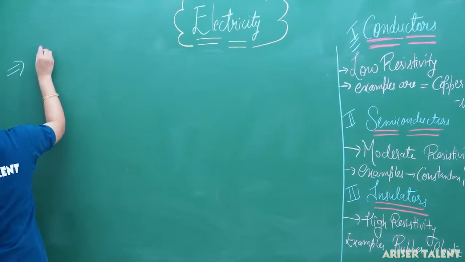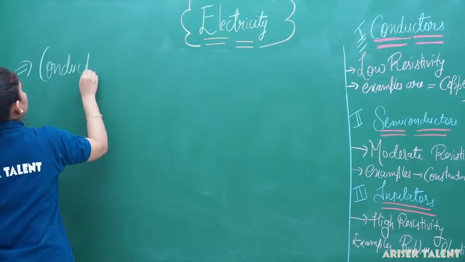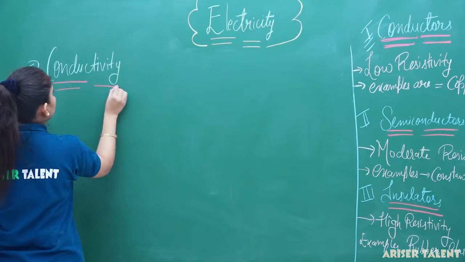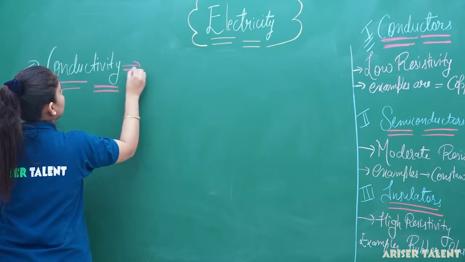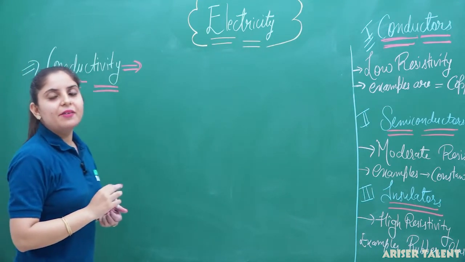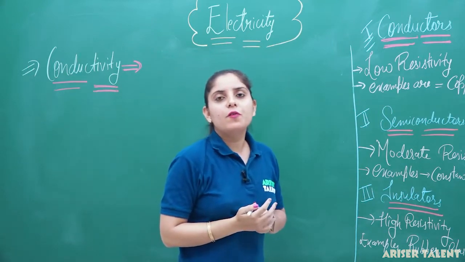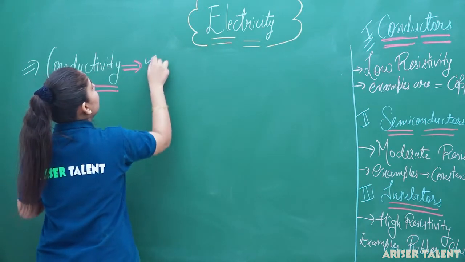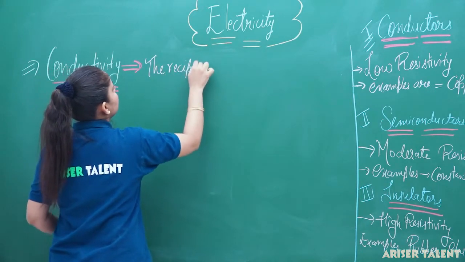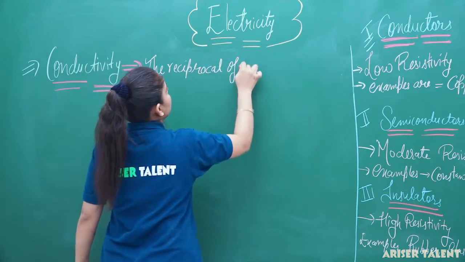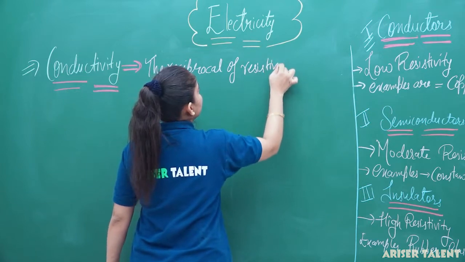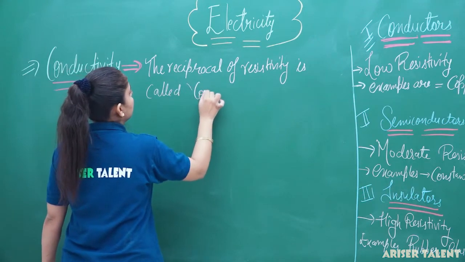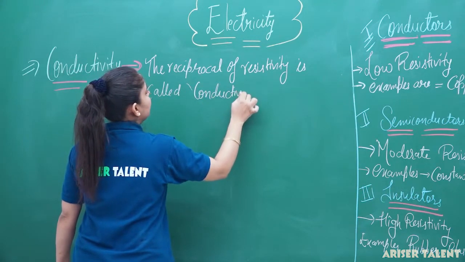So, our last term is about conductivity. Conductivity is just the reciprocal of resistivity, or we can say it is just opposite to that of resistivity. So, the reciprocal of resistivity is called conductivity.